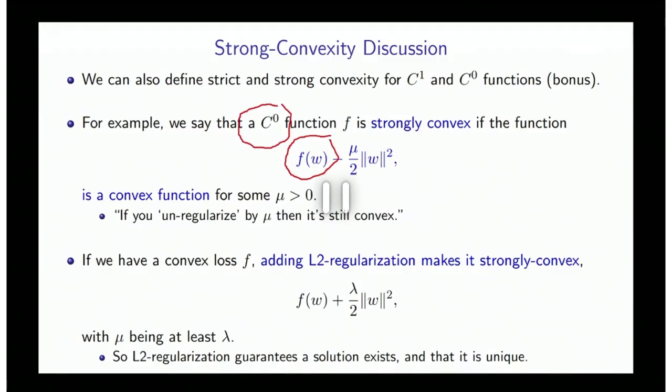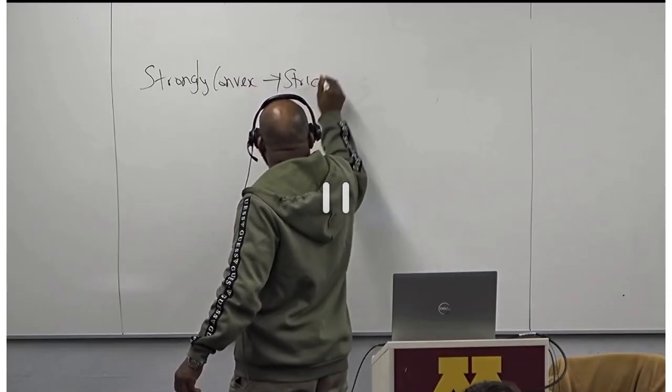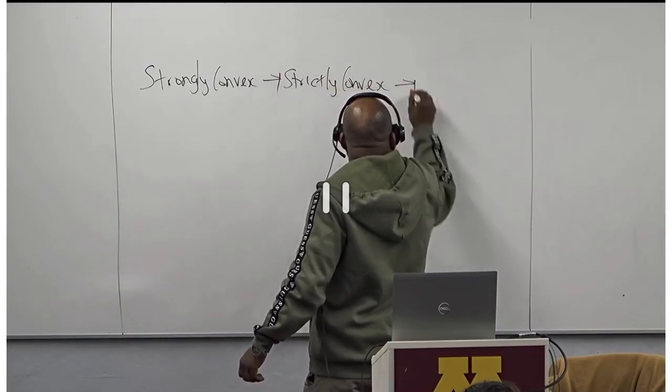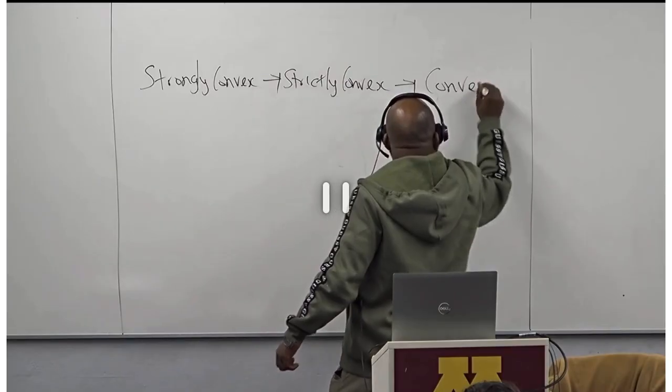Strongly convex implies strictly convex, and this implies convex.